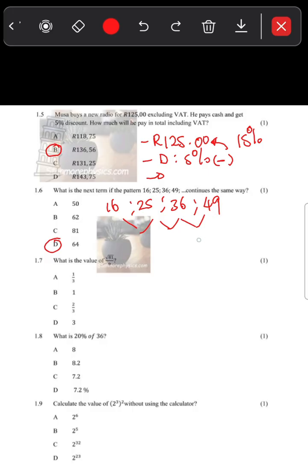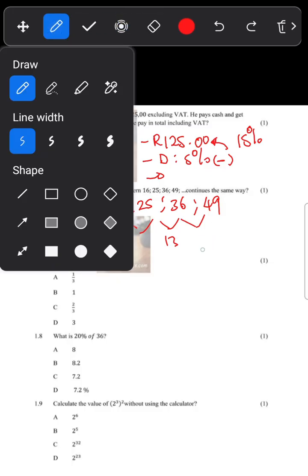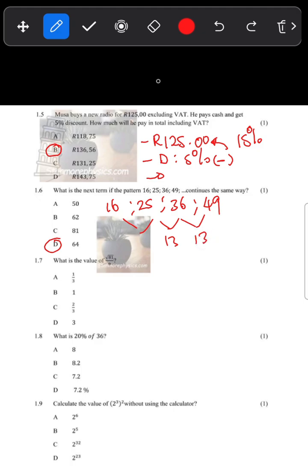It's 13 here, sorry, let me write this correctly. It's 9 here, then 11 here, then 13 here, and then with 64 it's going to be 15, and then if you subtract, you get 2's, which is a constant difference all over. So your answer is supposed to be D.